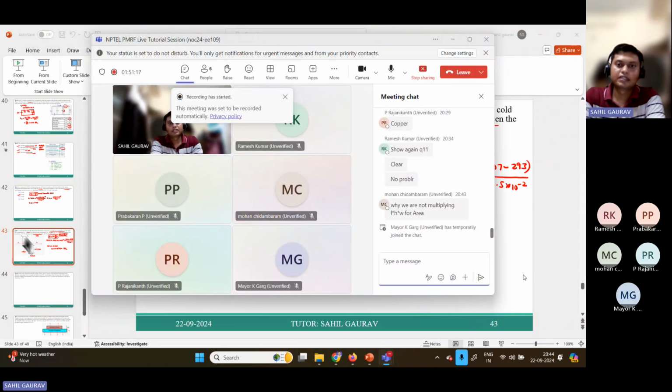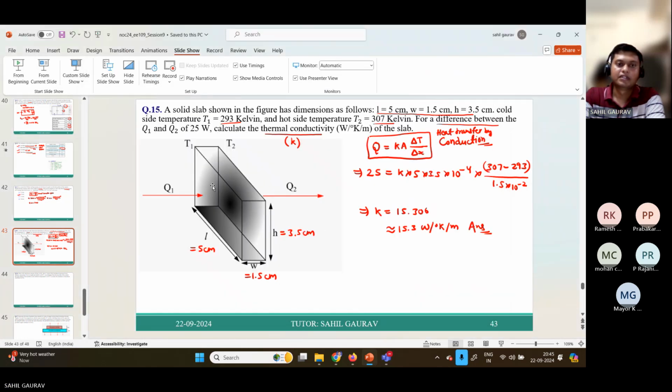For area, you have to consider surface area, not the volume. Whatever you are taking, that is volume, not the area. So we have to consider the surface area, and surface area is the contact surface.